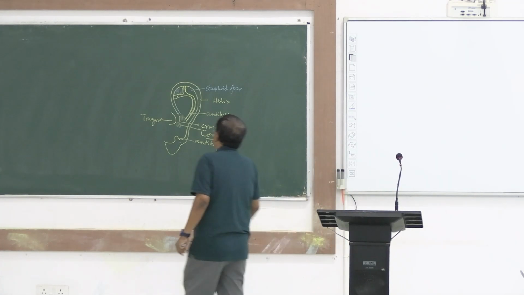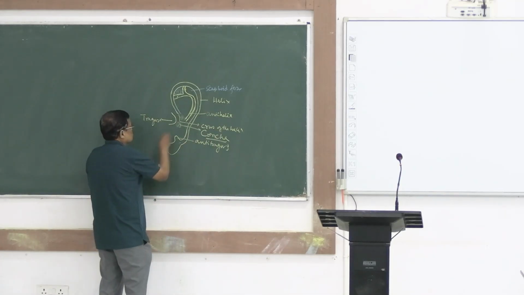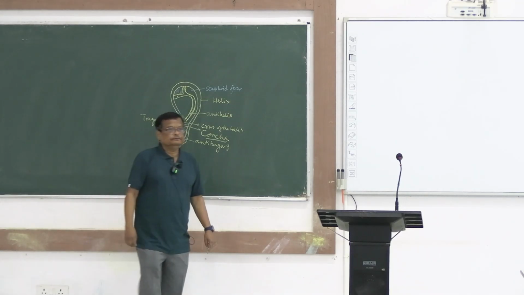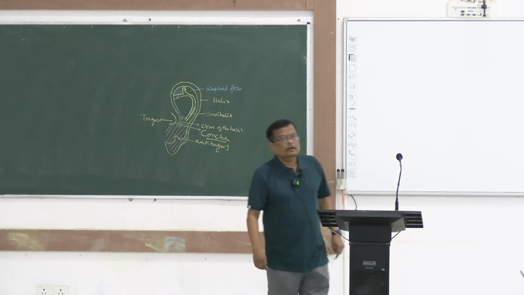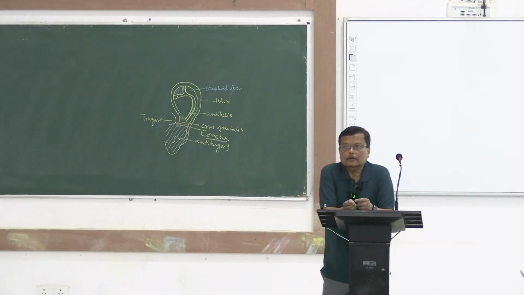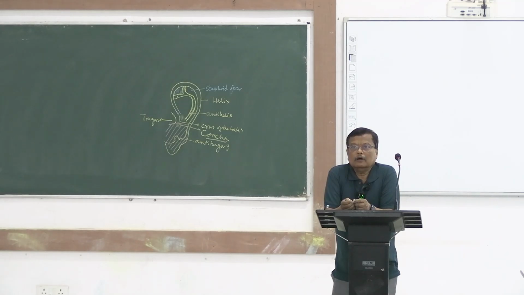Loosely speaking, the lower one-third of the lateral surface and lower half of the cranial surface are supplied by the great auricular nerve.